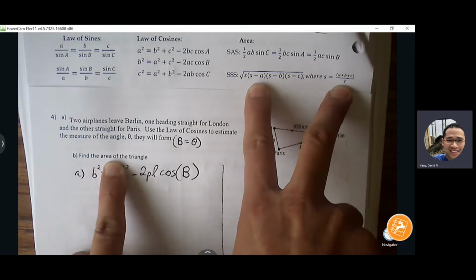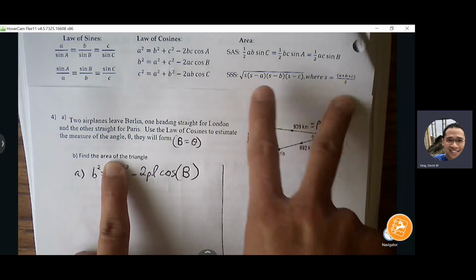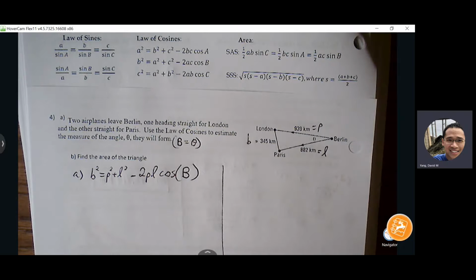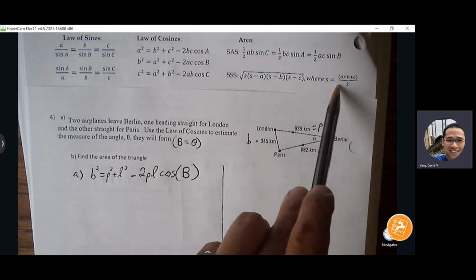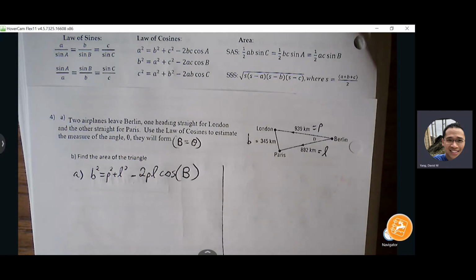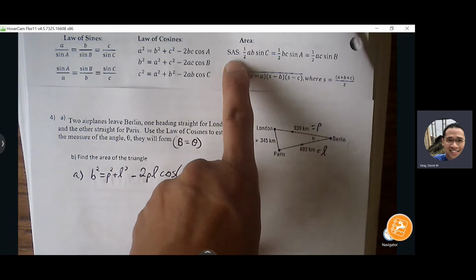So you guys can practice using the side, side, side area formula that we did a couple days ago and yesterday, right? You've got to find that semi-perimeter and then put it into the area formula. So practice this and make sure that we're working towards memorizing how to use the area formula, whether it's side, side, side or side angle side.